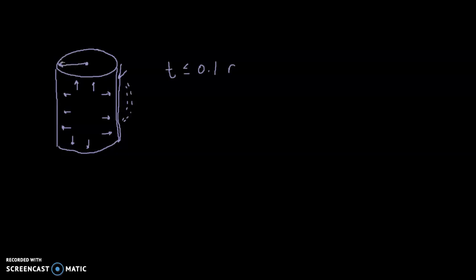So our cylindrical pressure vessel has a radius r, and we want to make sure that the thickness of the pressure vessel, T, is less than 0.1 r. If it is not, if the walls of the cylinder are thicker than that, then the equations that we're about to discuss do not apply. And as I said, the complexity of the problem then becomes beyond the scope of this class. So that's the first thing we need to check to make sure that applies.